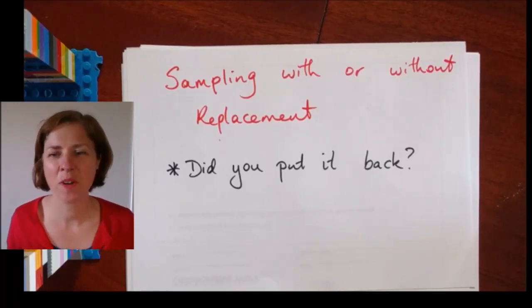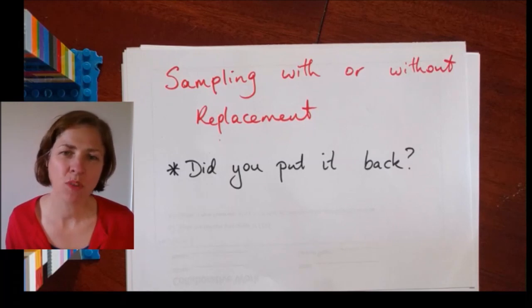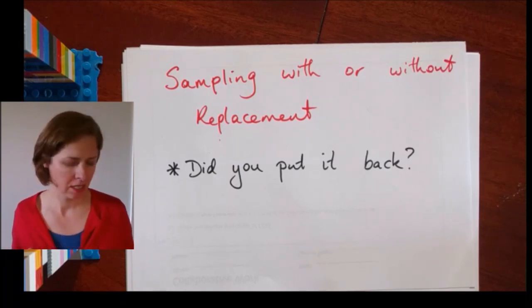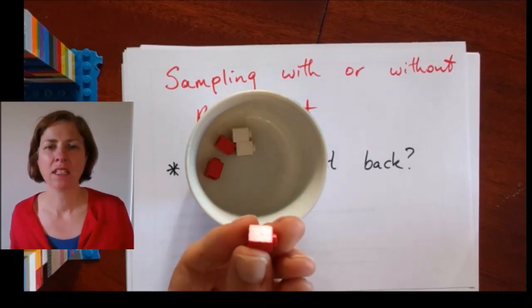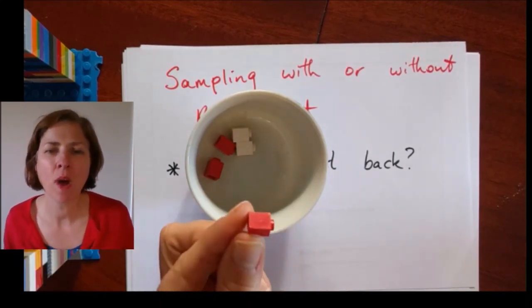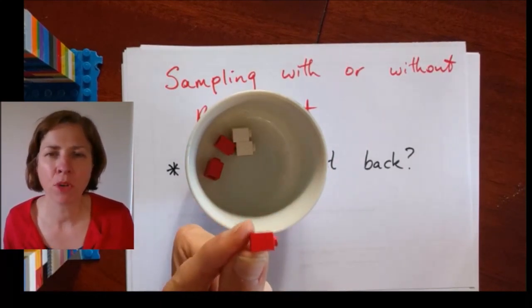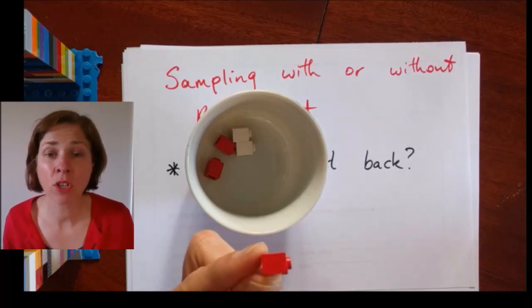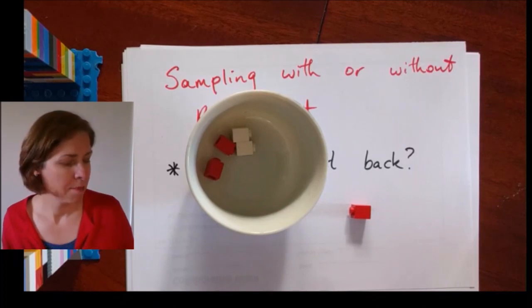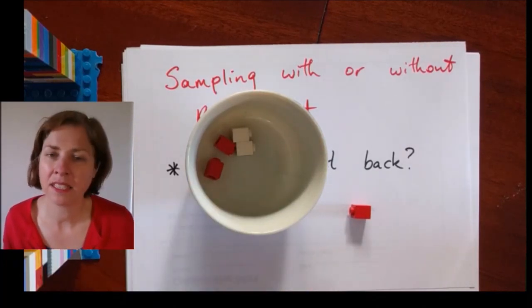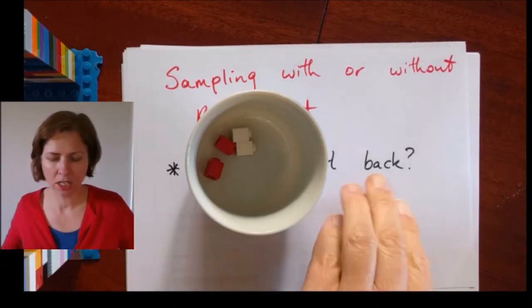Okay, I'm going to add another level of complication to this: sampling with or without replacement. When I pulled my first red Lego out of the cup, was anyone wondering, is she going to put it back? It's a really important question, because if I don't put it back, my chances of choosing the red the second time have changed.